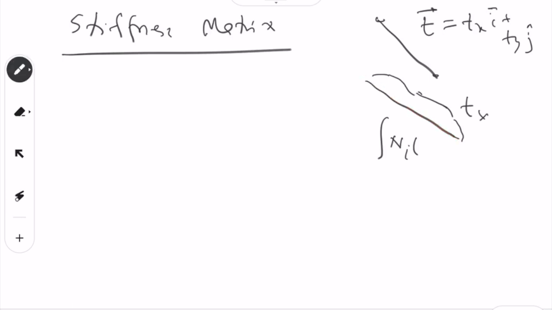So you take ni Tx ds and integrate, and if this is the ith node, this will give the value of Tx here.